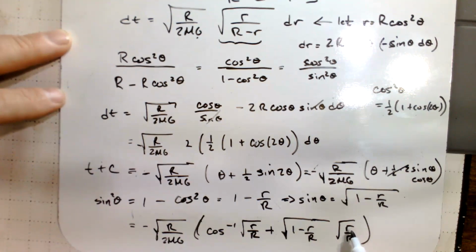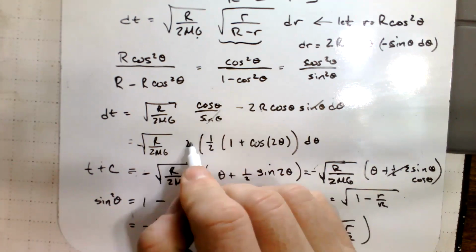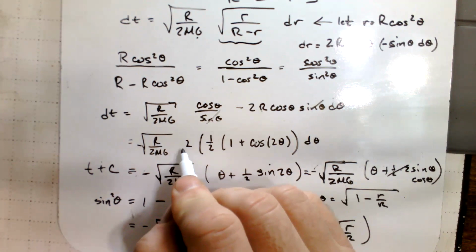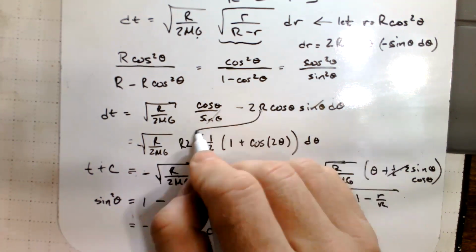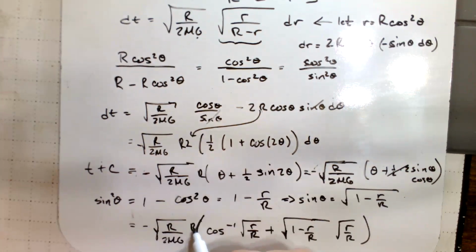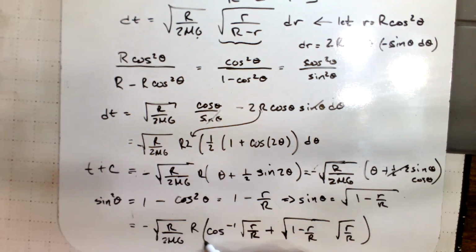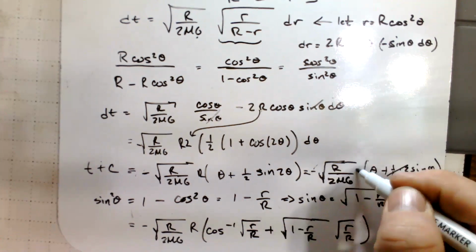So there's the R here. There's an R, there's an R, there's an R. Oh, it seems like we're missing a term there, so I need an R over here as well.